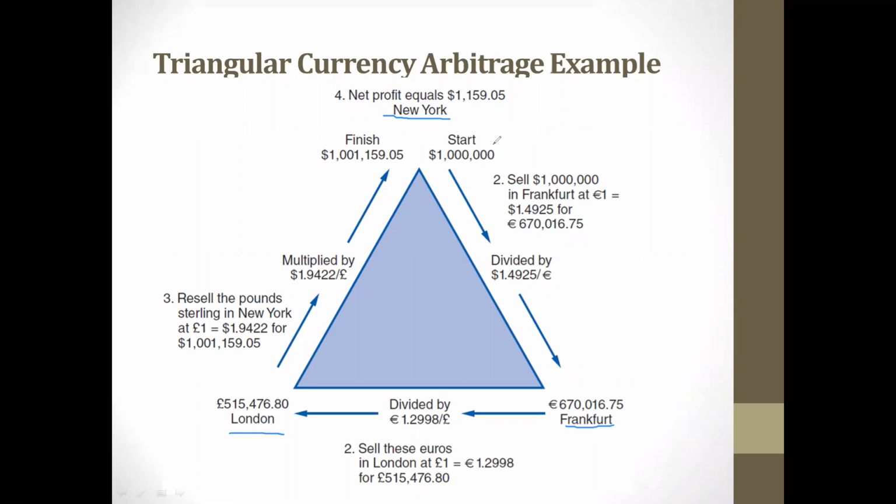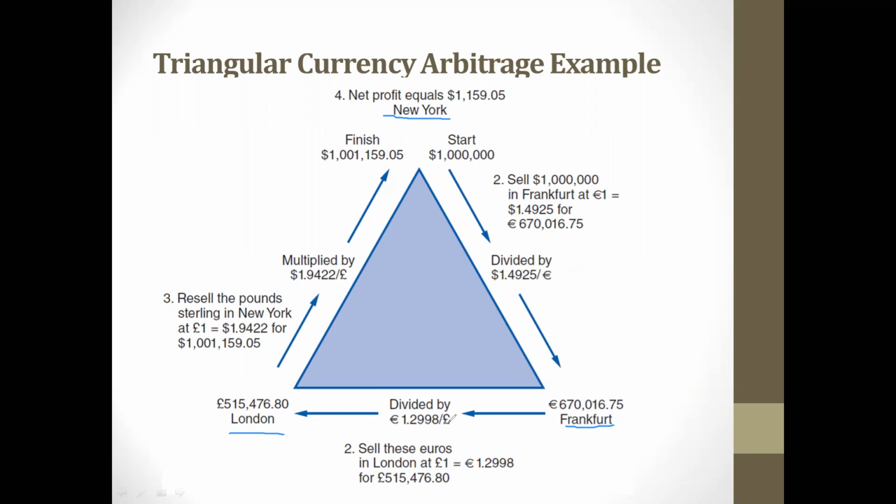Then he converts that dollar in the Frankfurt market into euro. How did we convert? By using the given exchange rate. When he converted the dollars into euros in the Frankfurt market, he ended up with 670,016.75 euro.